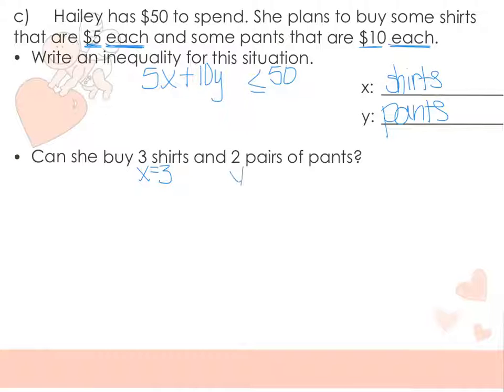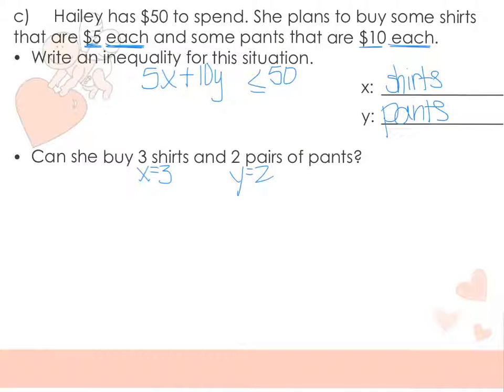And what happens when my Y is 2? And again, that's why it's helpful to define your variables here. So we know anytime they're talking about shirts, that's my X. Anytime we talk about my pants, it's my Y. So here, 3 shirts really means X is 3. 2 pairs of pants really means that Y is 2.